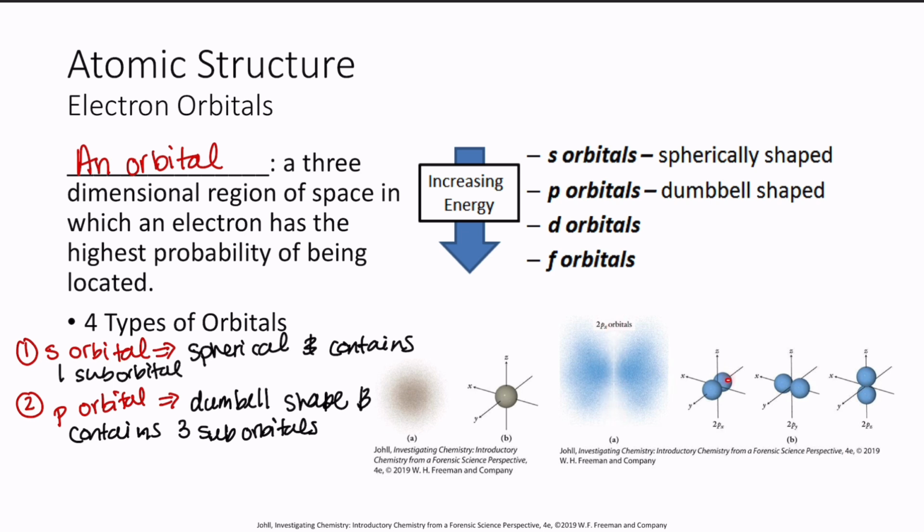Now, these shapes can be along the different axes. Here we have the p orbital along the y, here we have it along the x, and then finally we have it along the z. So we have three suborbitals.